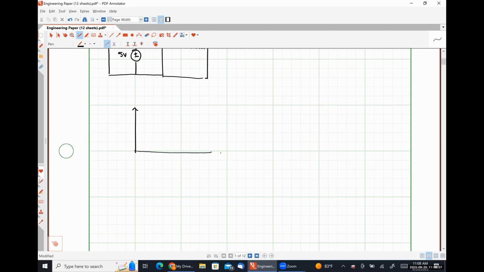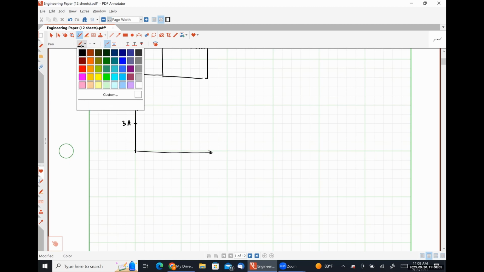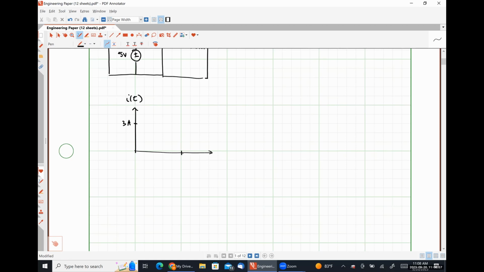waveform that consisted of a sawtooth pulse, right? So let's call this amplitude 3, let's make it amps for the sake of argument. And let's call this out here 5 seconds, where this is t measured in seconds, excuse me.